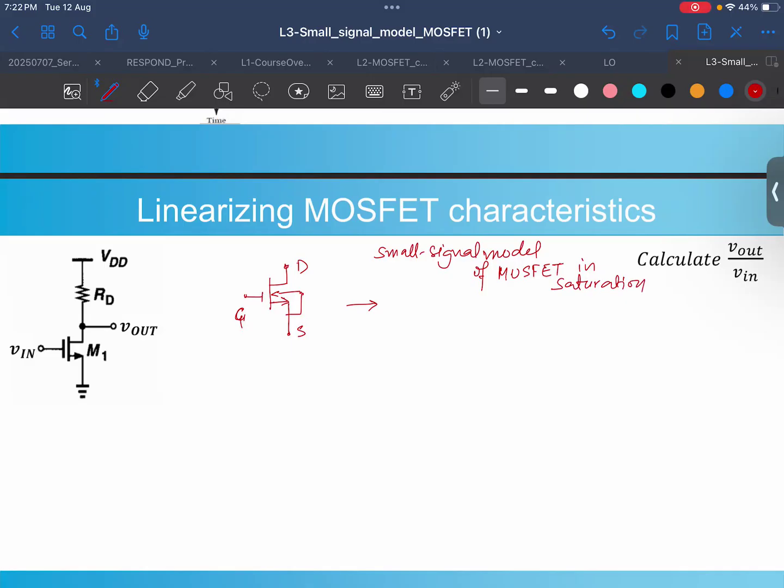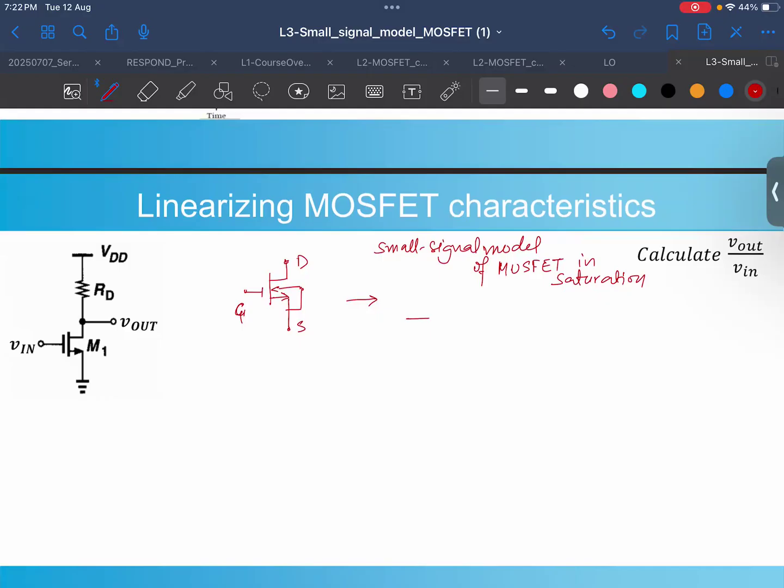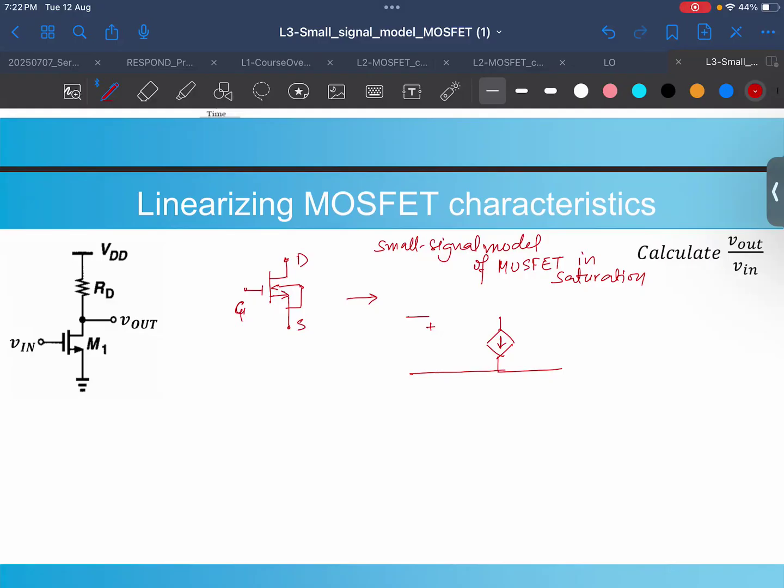Now we can see clearly that between drain and source we have a voltage dependent current source. This is your gate, this is your drain, this is your source. Between gate and source, we apply the small signal, which is small VGS.